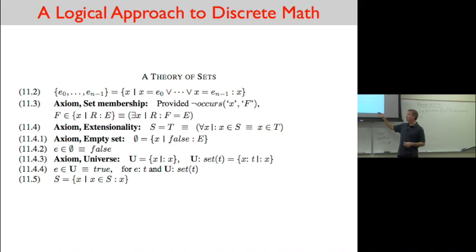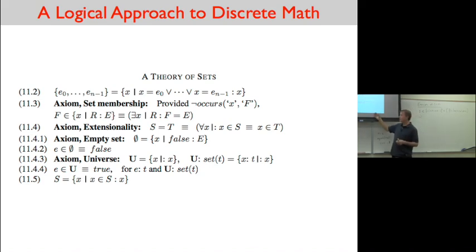All right? So now, whereas 11.3 was the definition of what it meant for an object to be an element of a set, 11.4 says what it means for two sets to be equal. So they have the same elements? Yes, it means they have the same elements.